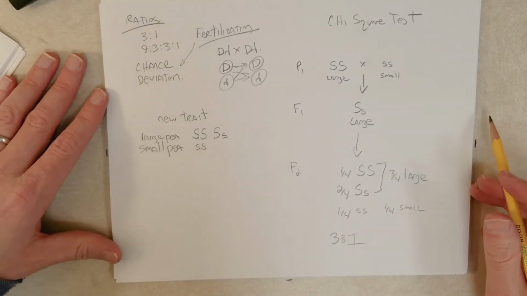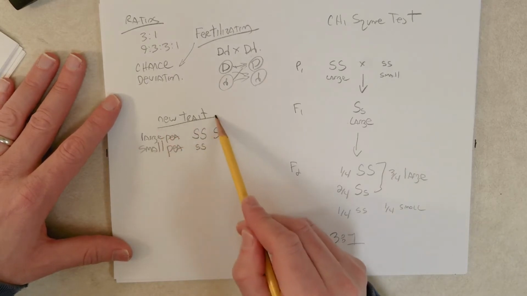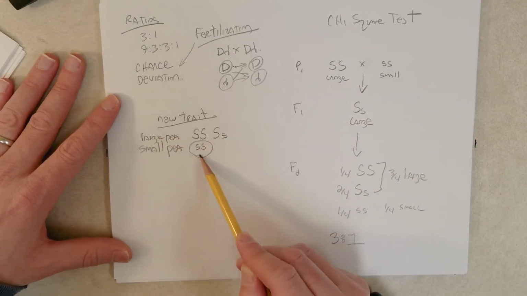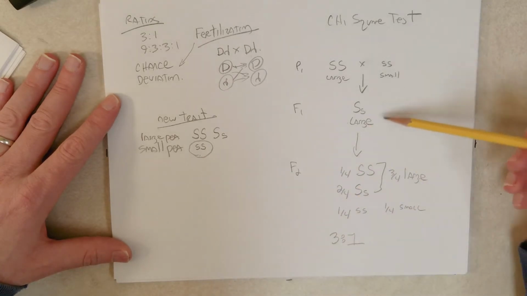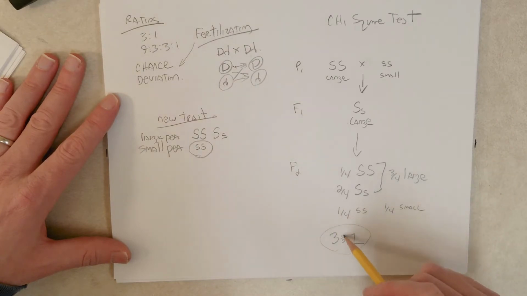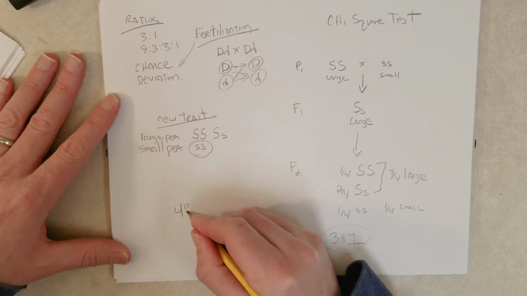So if our hypothesis that this new trait is caused by the homozygous recessive condition is true, and we do this experiment, we're expecting a 3-to-1 ratio of large to small in the F2 generation. Let's say we perform the experiment, but in the F2, we see a 4-to-1 ratio.